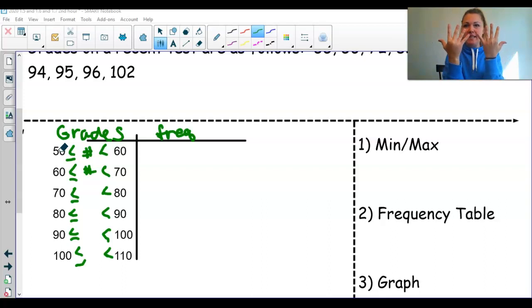That's 10. 60 is not in those 10. So 60 goes to the next bin. 60, 61, 62, so on and so forth. Okay. And you do that whether you're going by fives, twos, whatever it may be. So if you were going by fives, 50, 51, 52, 53, 54. So it would be numbers greater than or equal to 50, but less than 55.